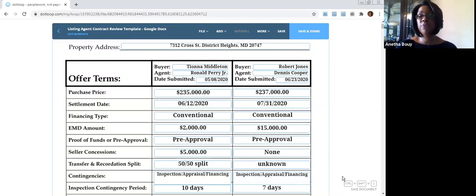Okay, so we're providing them the comps that show what the activity looks like in their area with like properties, and we can advise them as to what a good list price would be.